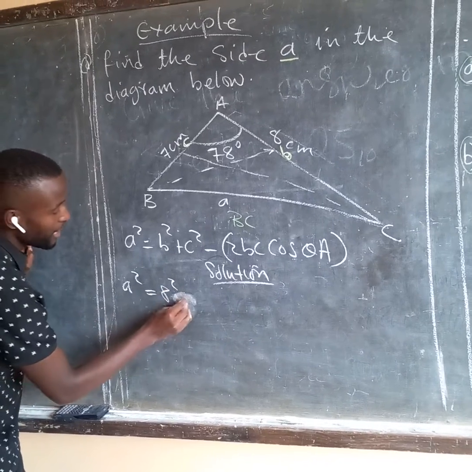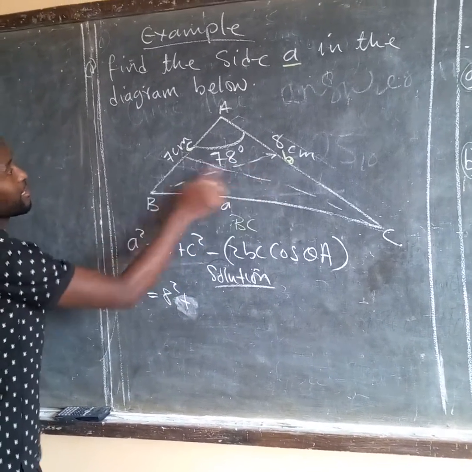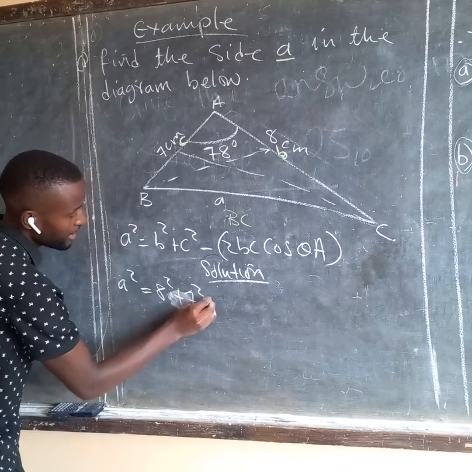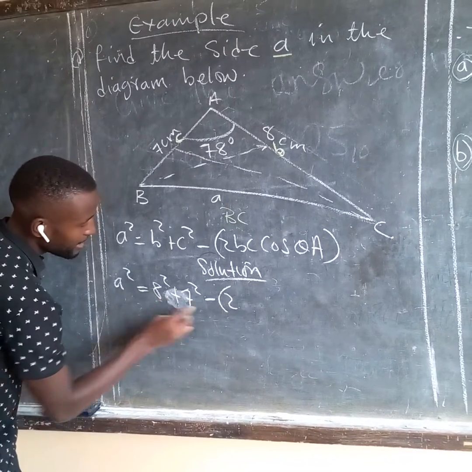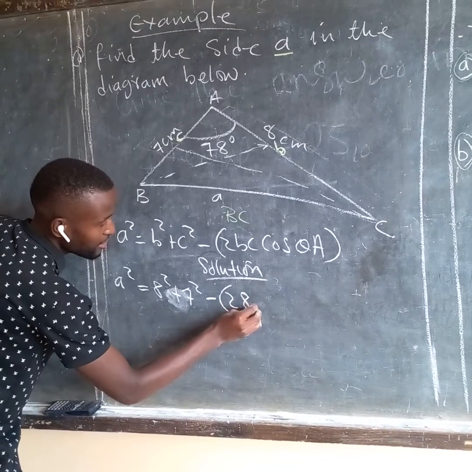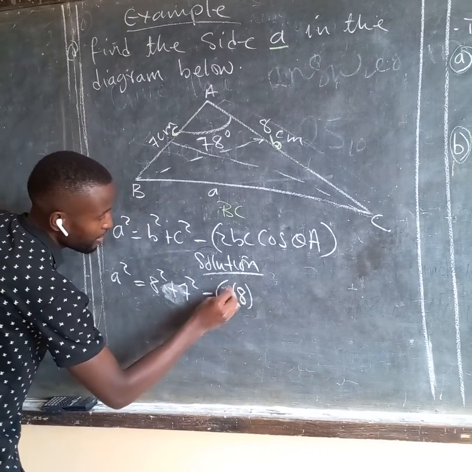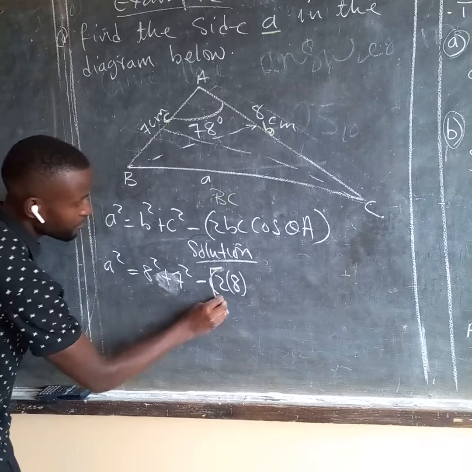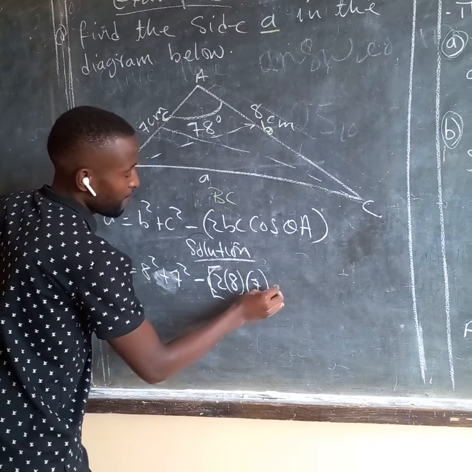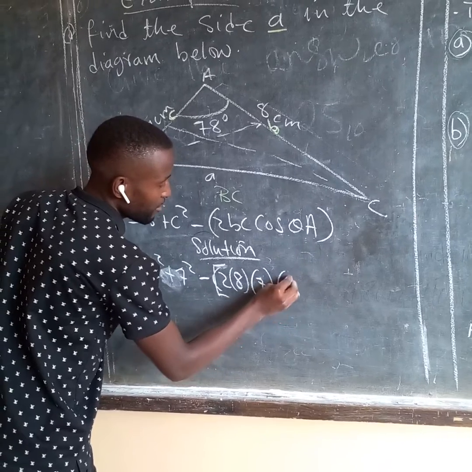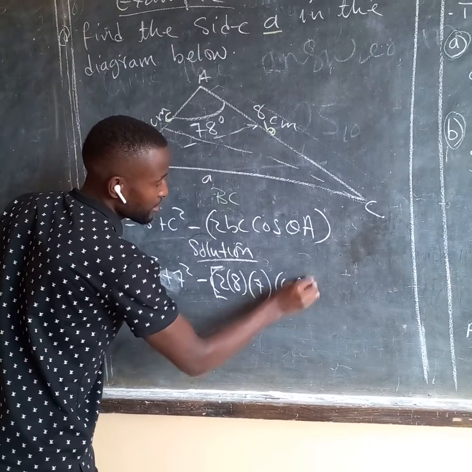We say 8 squared plus, what is my C? It is 7 squared minus 2 multiplied by 8, again multiplied by 7, again multiplied by cos A.